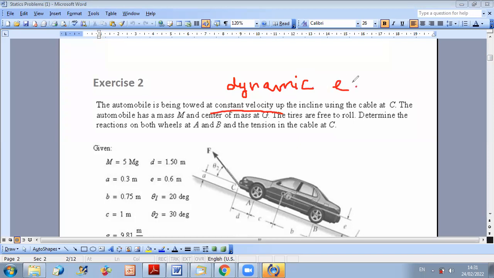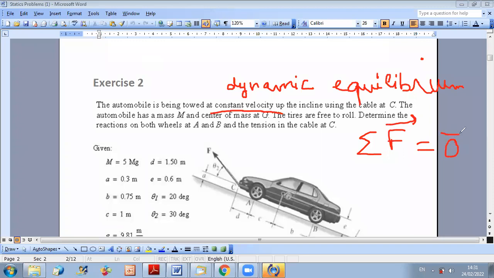So this is why we say we have equilibrium, because sum of forces will be equal to 0. Okay. So in order to solve for our unknowns, we'll use the concept that since we have a dynamic equilibrium, a is 0. So by applying Newton's law, sum of forces on our car is equal to 0.